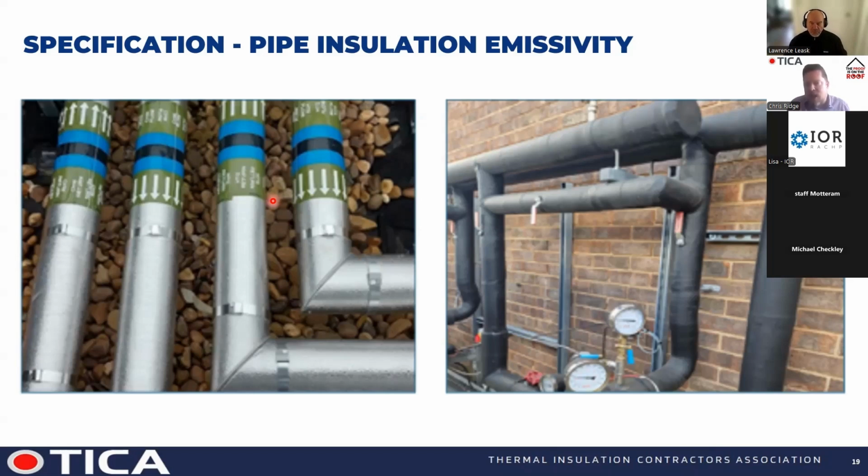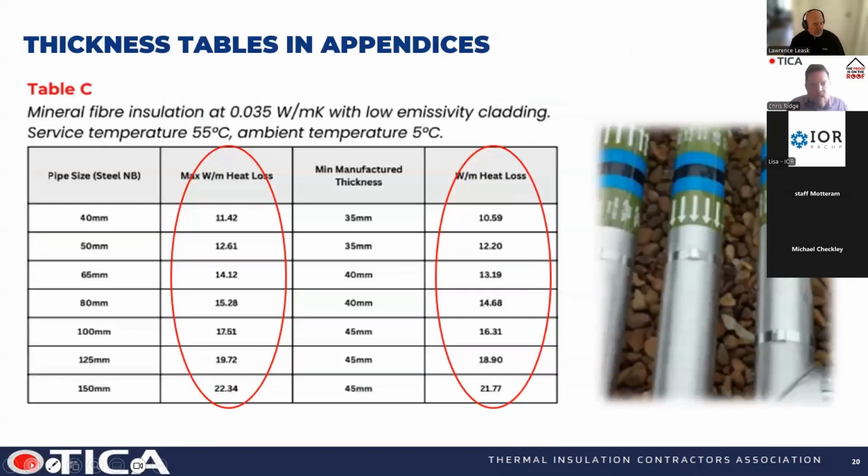That's a really important aspect of it. The higher the emissivity, the more heat transfer, so you have to size up the insulation to negate that issue. So all of the tables within this best practice guide take into account the surface emissivity.